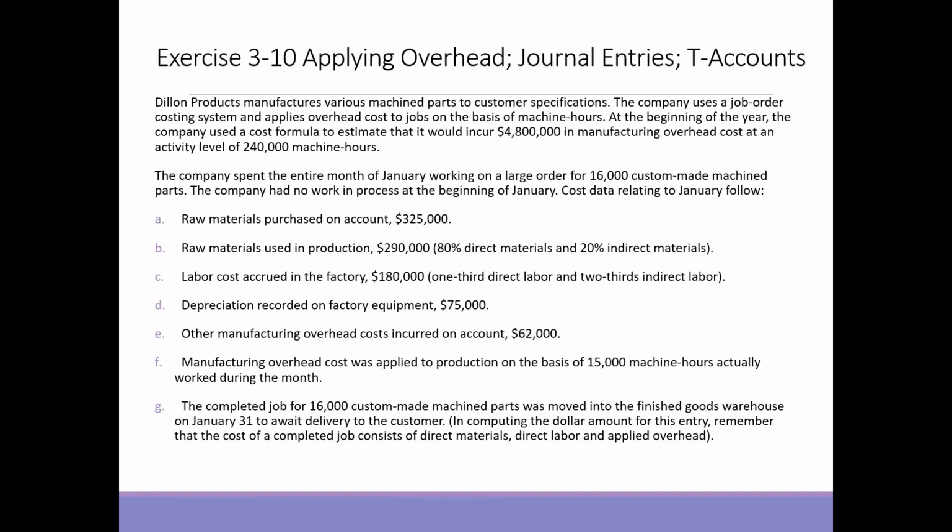So you've got the raw materials purchased on account, then transferred into production. Some were direct, some were going into manufacturing overhead. The labor that's being incurred or accrued, depreciation, other manufacturing overhead, and then how it was applied. Okay?